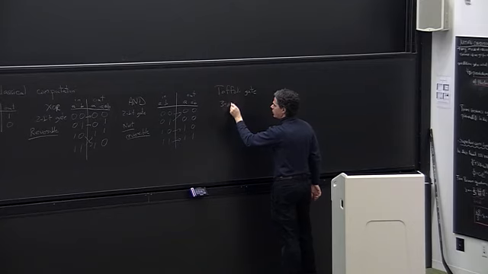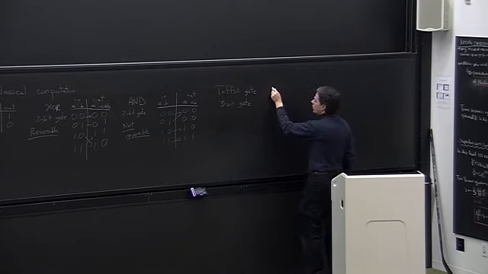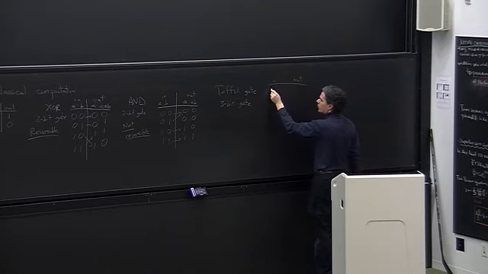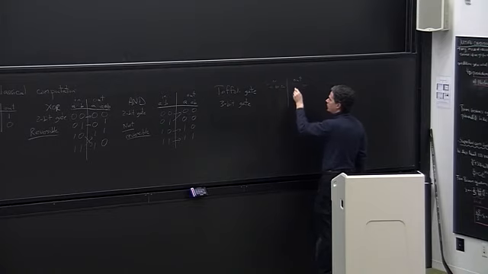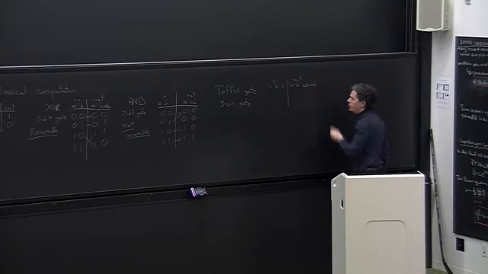And so the Toffoli gate is a 3-bit gate where we have three input bits, A, B, and C, and 3 output bits, which are going to be A, B, and C plus A times B, mod 2.